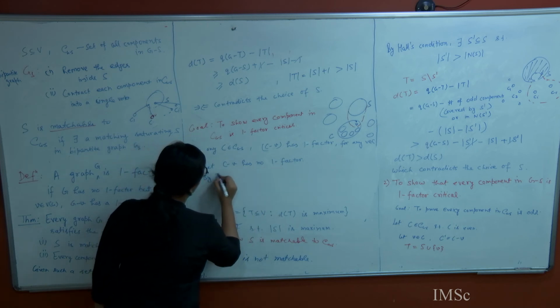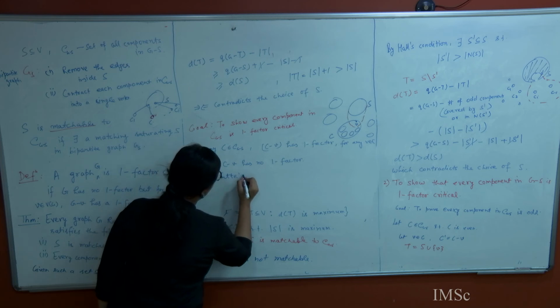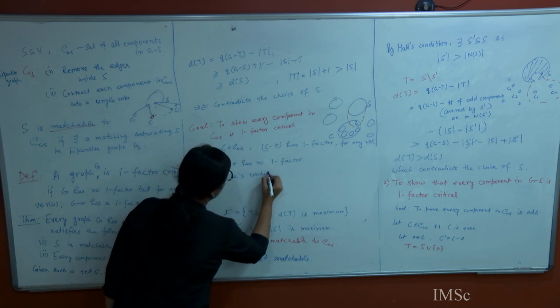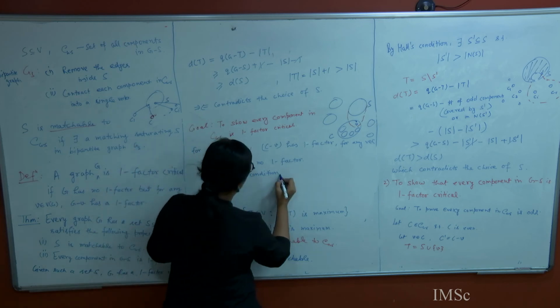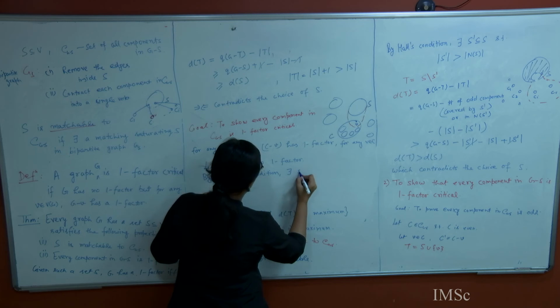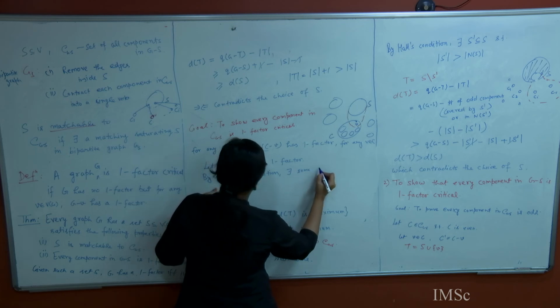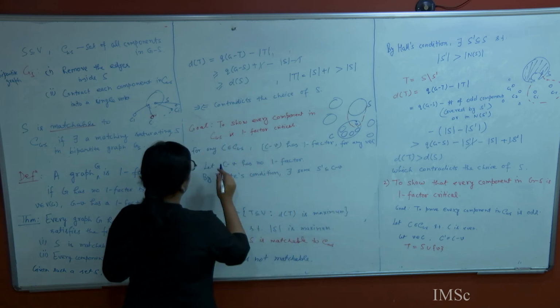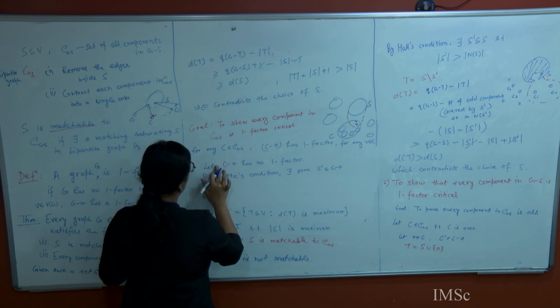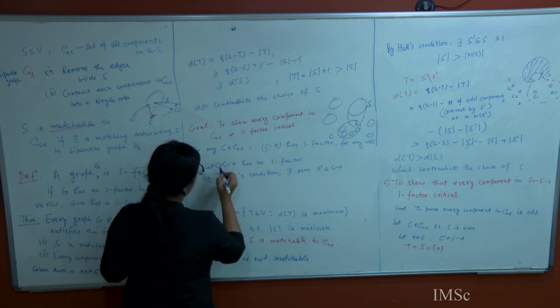By Tutte's condition, there is some set which fails Tutte's condition, right? So, there exists some set, say S prime, which is a subset of C minus V. Let's call this C prime.